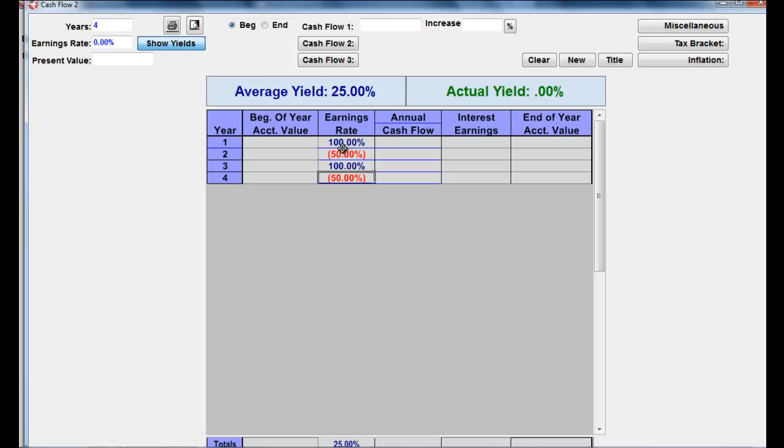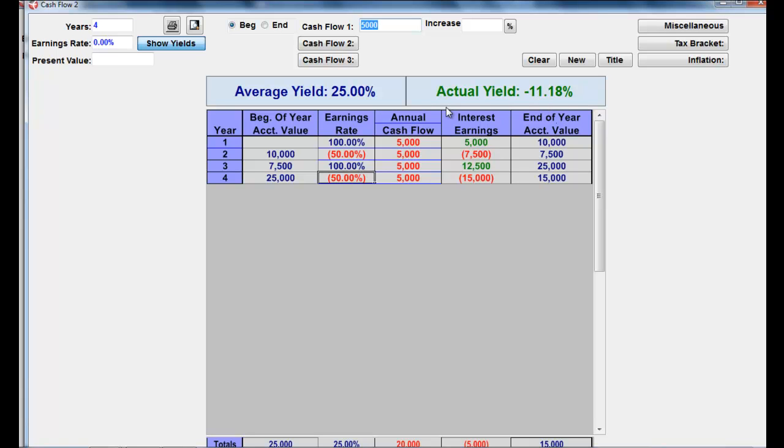So if you were to add all of these percentages up and divide by 4, you would have a 25% average rate of return. Now if you start to put money in every single year, let's say it's $5,000 a year, it would actually come out to be an actual yield of a negative 11%.